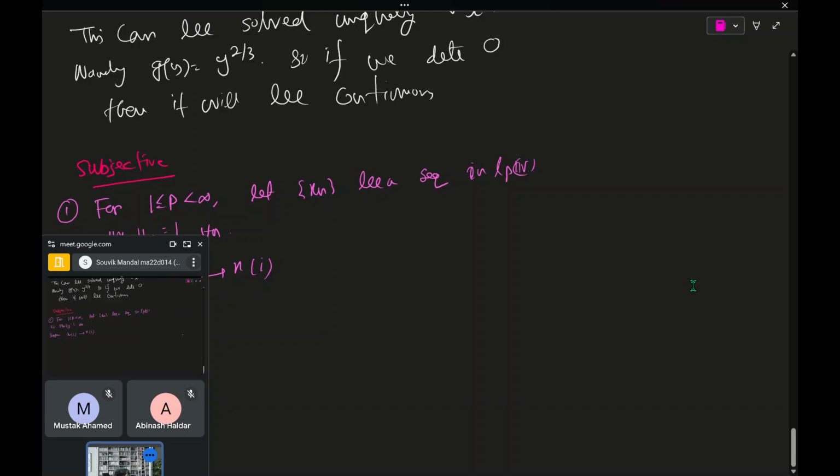Suppose x_n(i) goes to x(i) for all i, and let x equal to (x(1), x(2), ...) such that the norm of x in l^p equals 1. Prove that x_n goes to x in l^p.